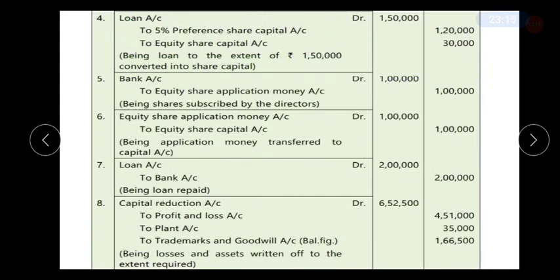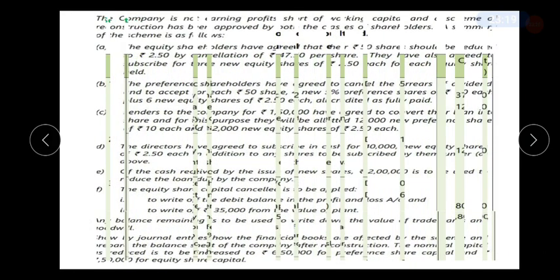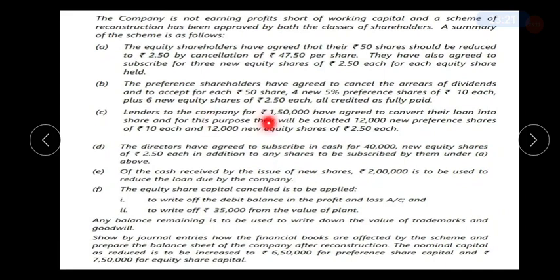Next, there is the third point. If you go through lenders, lenders are agreeing to give up 1,50,000 of their obligation. They have agreed to convert this 1,50,000 by subscribing 12,000 new preference shares and 12,000 new equity shares.